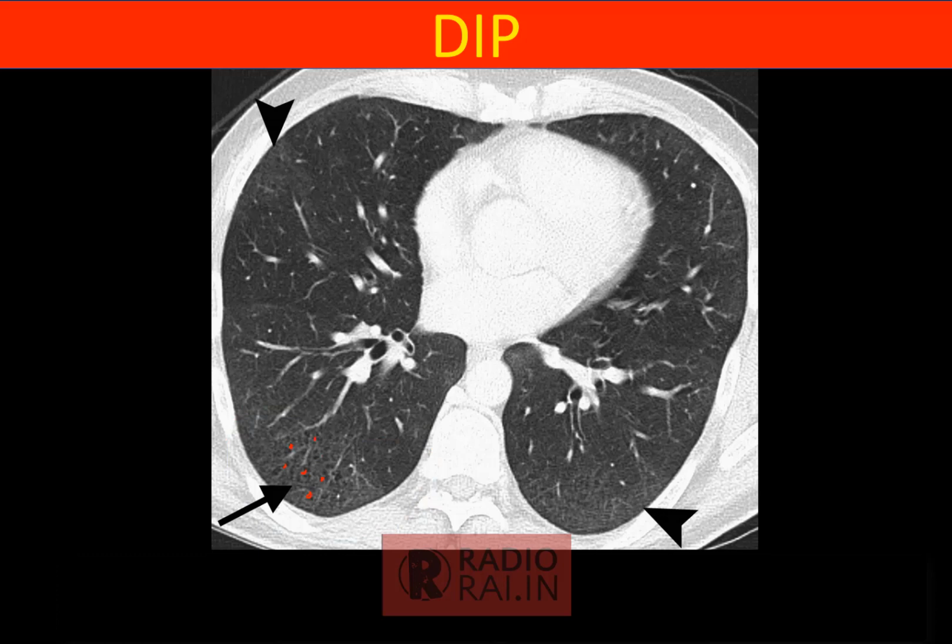This is how a classical DIP presents. There is no apicobasal gradient, no upper zone predominance like RBILD, but there is peripheral involvement with ground glass opacities. We think of DIP, desquamative interstitial pneumonia. Okay, DIP means desquamative interstitial pneumonia. I might have wrongly said diffuse interstitial pneumonia.